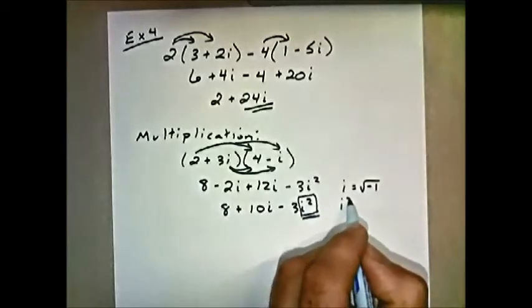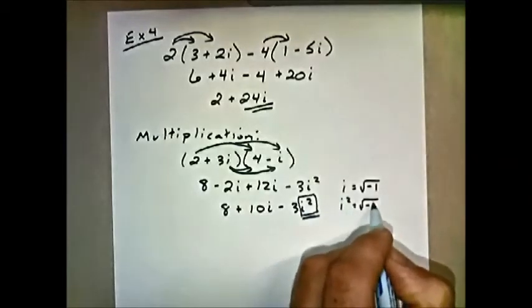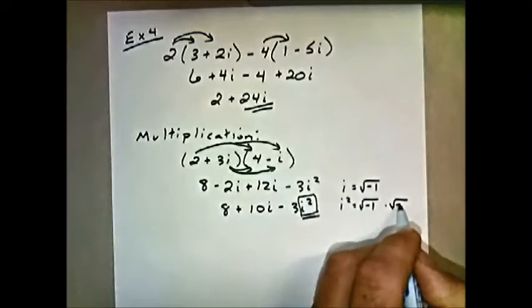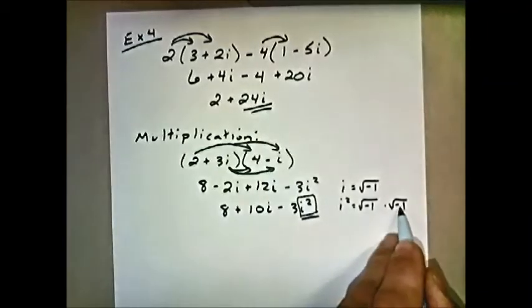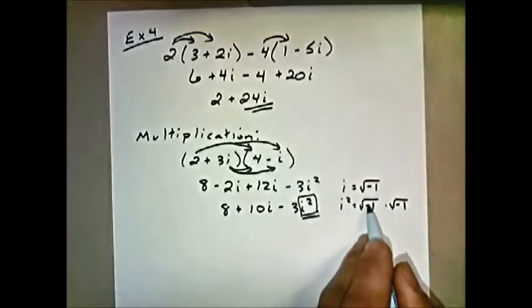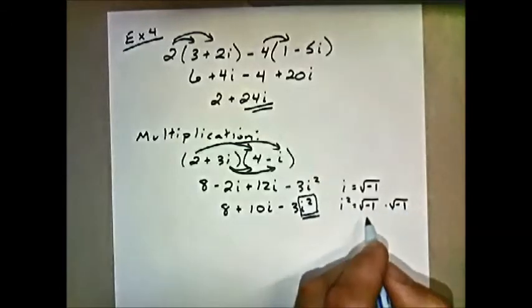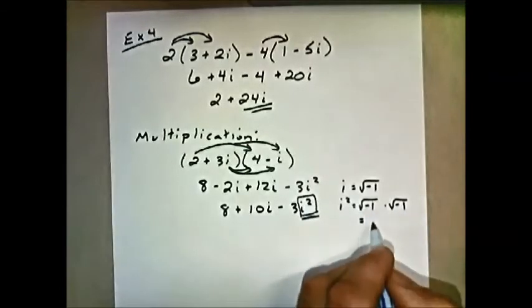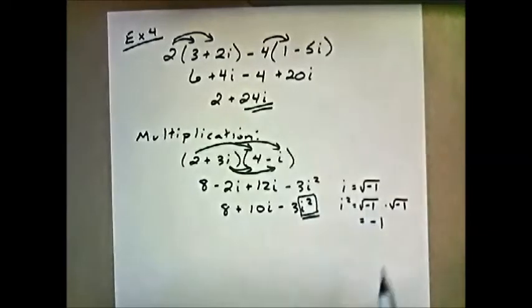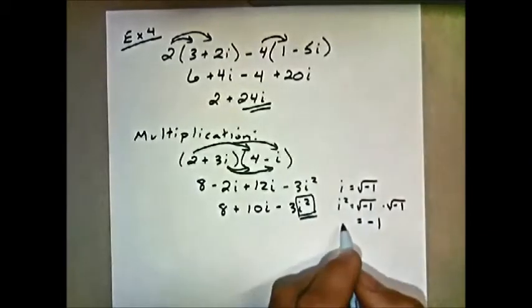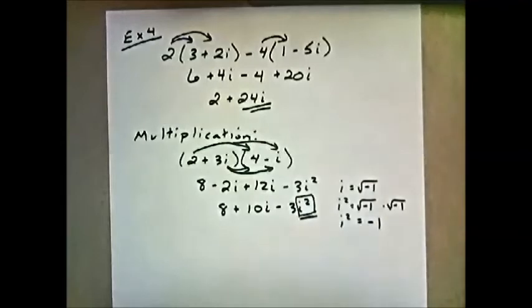Well then i squared would equal the square root of negative 1 times the square root of negative 1, or i times i. If we take the square root of a number times the square root of itself, we'll actually end up with the radicand, or the number under the radical. So i squared actually equals negative 1.